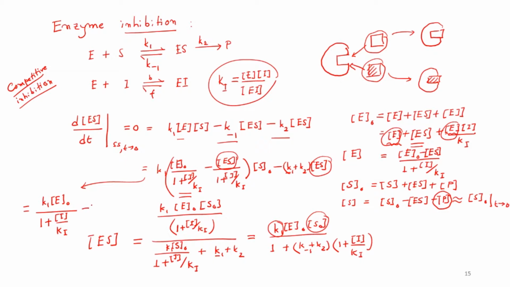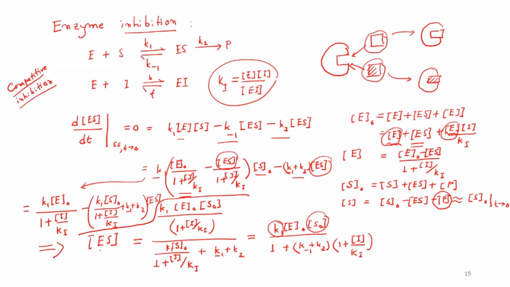The first term of the ES also has K1 and S0, so it is K1 into S0 divided by 1 plus I by Ki, and then there is K minus 1 plus K2, it is K minus 1 actually, multiplied by ES, and this is equal to the rearranged form. So you can just draw a line to avoid confusion. So this is the ES concentration.